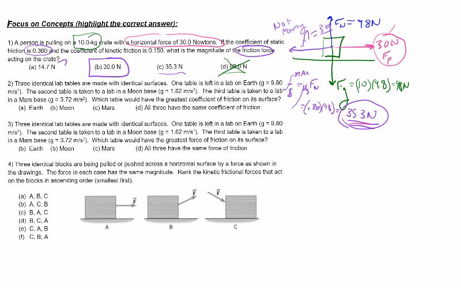Now, why would this one be over here? Well, if I use 0.15, we actually would find that the kinetic friction comes out to be 14.7 newtons. It would be the 0.15 times 98. And so the question is, when would that pop in? That's smaller than 30. Shouldn't it actually be kinetic friction?